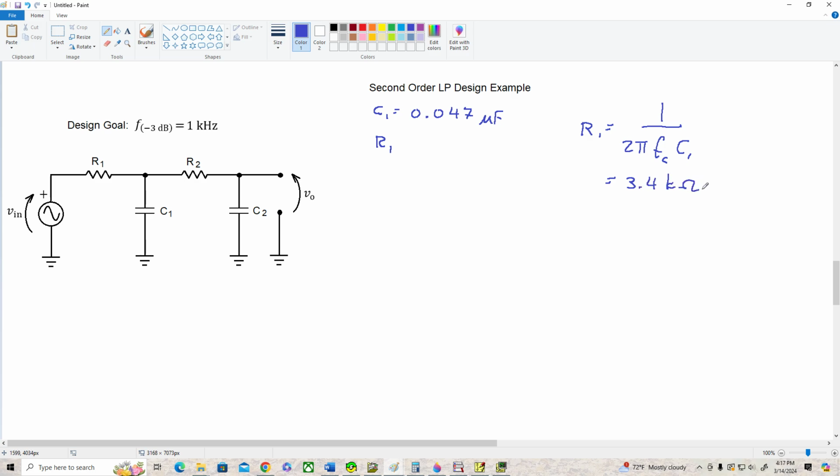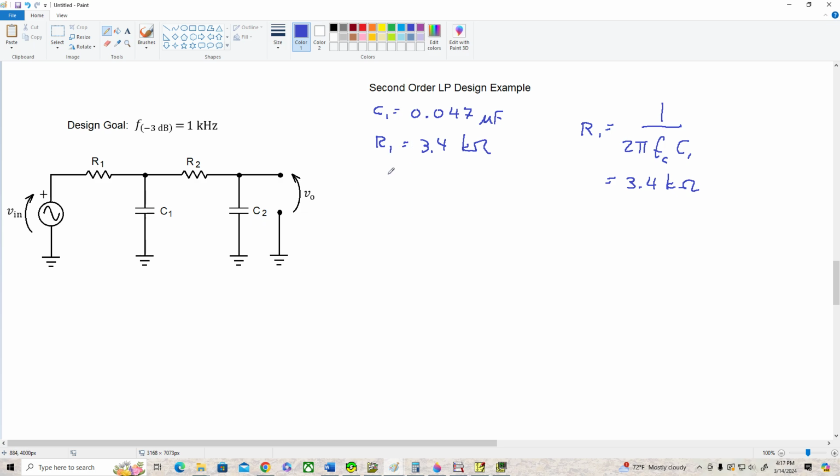All right, so 3.4 k ohms. Now, I could just use the same values in this second section, but that would really load the first section down. Okay, to minimize loading, what I like to do is make this resistor at least 10 times bigger than this one. And in order to keep the critical frequency the same, I have to divide this capacitor by the same amount.